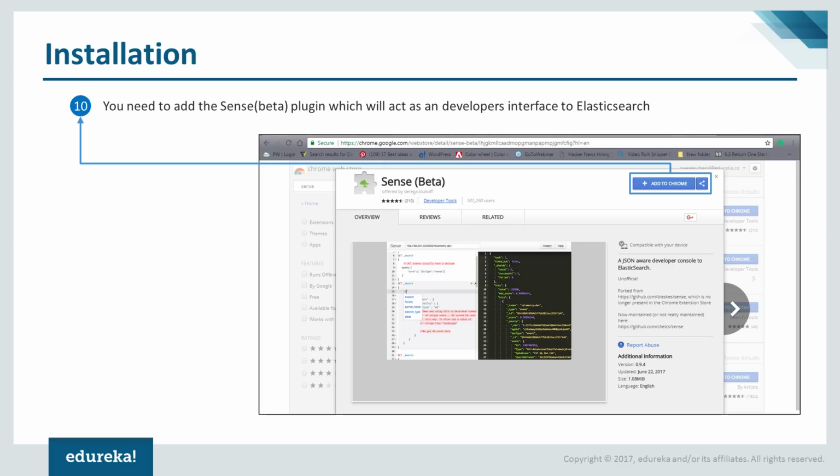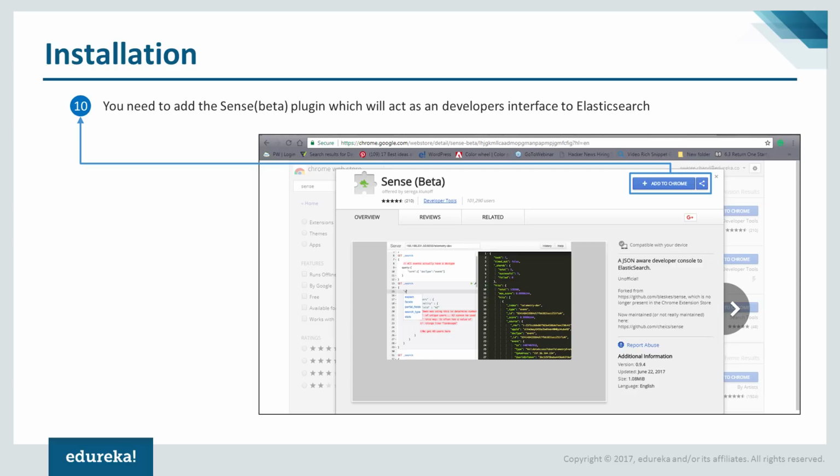Next, for people who are installing Elasticsearch on a Windows platform, that too locally, we can make use of the Sense plugin, which can help us to write queries and import the queries. There are two options to do that. This is an approach which you have to follow when your Elasticsearch is local, installed on the machine.